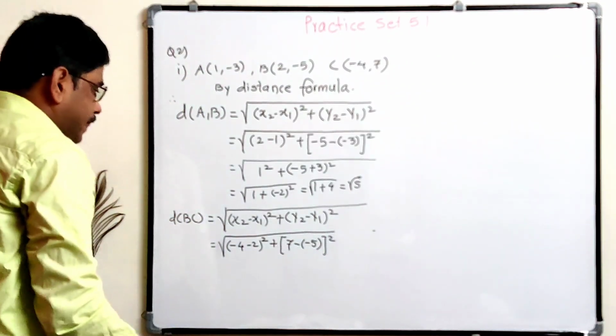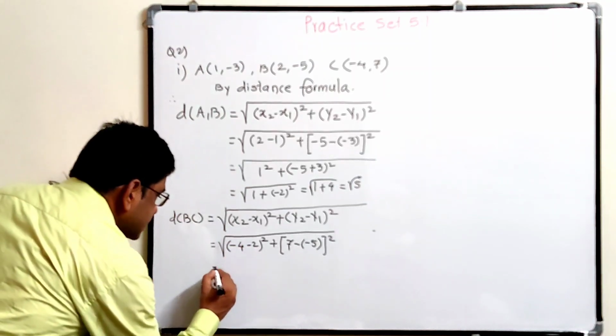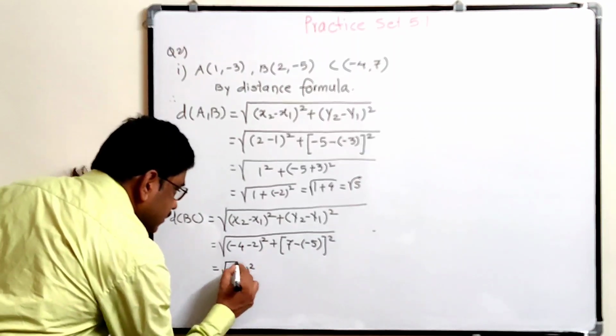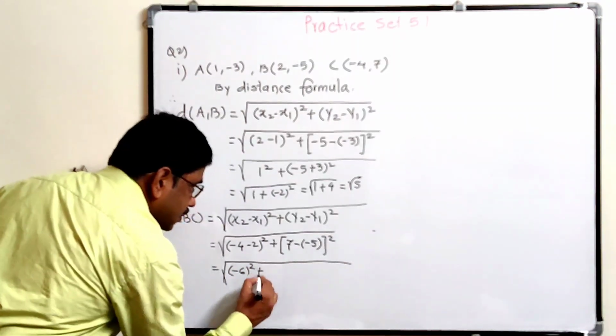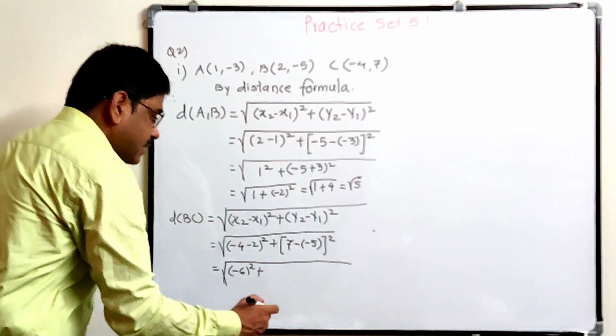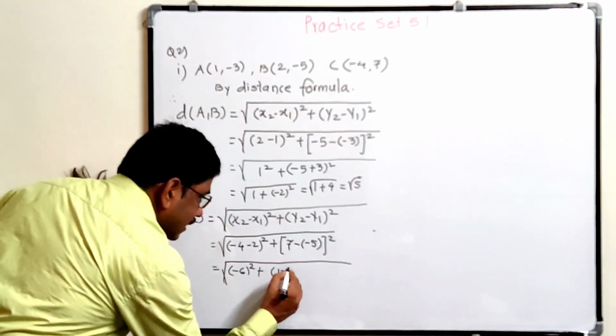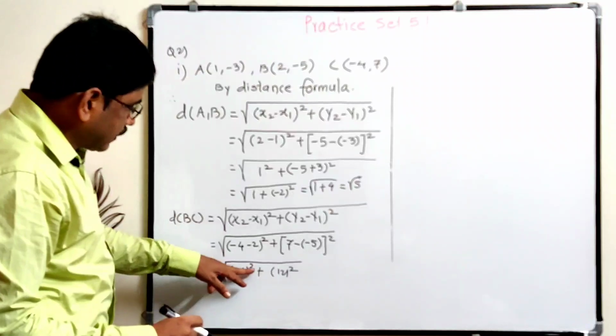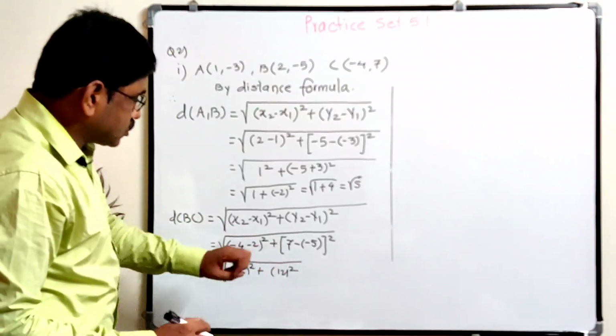So here minus 4 minus 2 is minus 6 square, this square root as it is, plus 7 minus minus becomes plus, that is 12 square. Distance BC is equal to root of minus 6 square plus this 12 square.